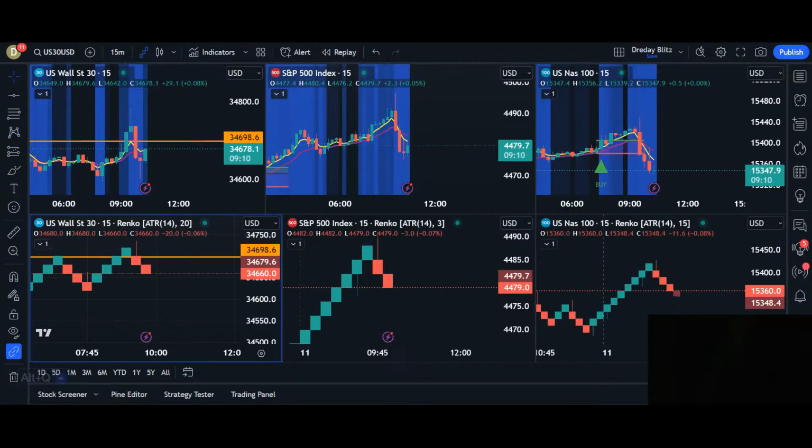When you see a setup like that and you see that the Renko is not showing the same direction as the indicator, you don't take the trade. You just wait it out until the Renko bars are confirming that our trend is going up. This is where you enter the trade in the right direction.